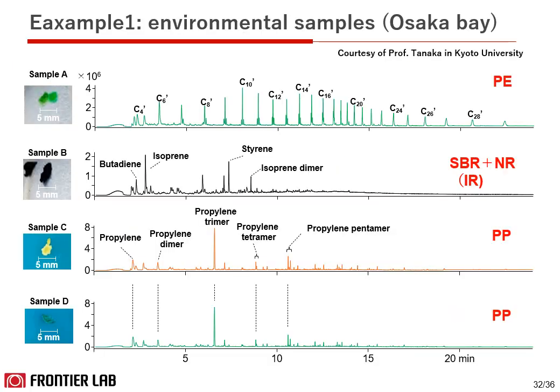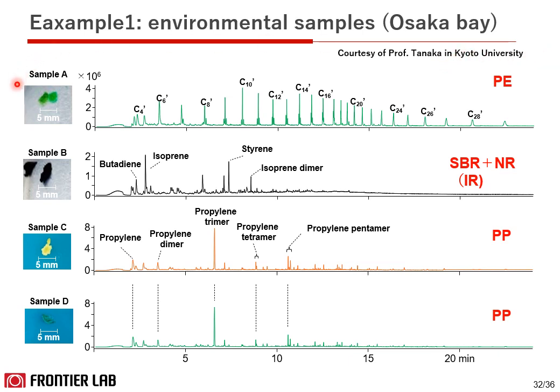From here, using the Py-GCMS system and the software F-Search MPs, we run different environmental samples and identify and quantify microplastics. The first analysis example is the environmental plastics collected in Osaka Bay, provided by Professor Tanaka in Kyoto University, Japan.